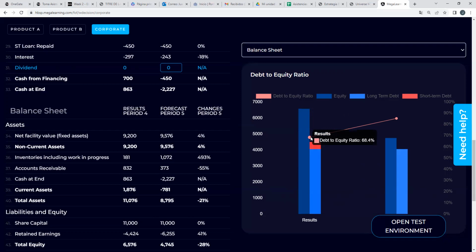So you guys pay 6% of interest per period. Remember that, for example, with the information that is now in the simulation, the debt to equity ratio is growing at an 85%, and at that point you are above 80. When you are above 80, you are going to pay an 8% rate of interest.